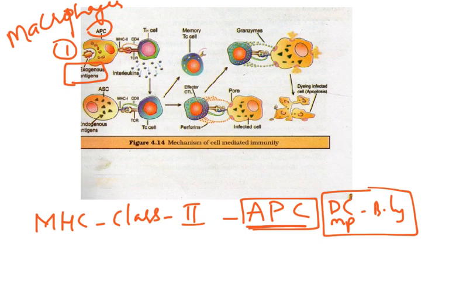They are processed, that means cut into pieces. The processed microbe, which we consider as antigen, is presented here on MHC class 2 molecules. MHC class 2 molecules present this to the T helper cells. Earlier we discussed that this APC generally presents the microbe or antigen to the T helper cells. What can T helper cells do?